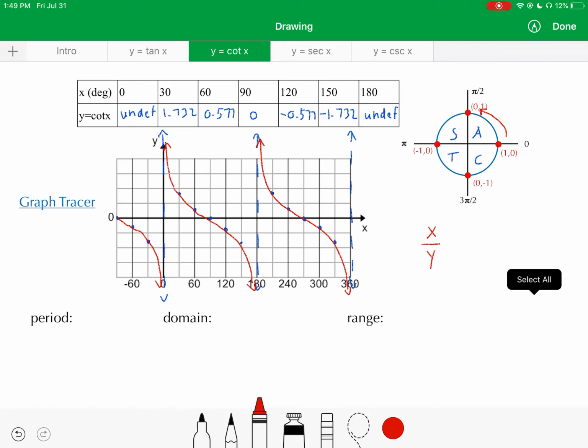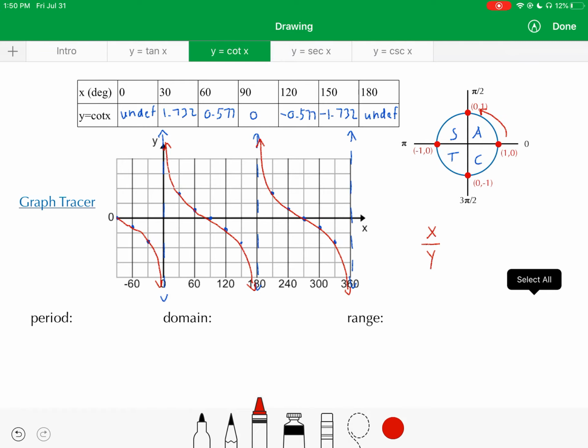So if x is smaller in your numerator and y is bigger in your denominator, then the value of the overall fraction is going to decrease. For the tangent function, it would be the opposite. Tangent is y over x, so your numerator would be increasing, your denominator would be decreasing, and the function would appear to be increasing overall.